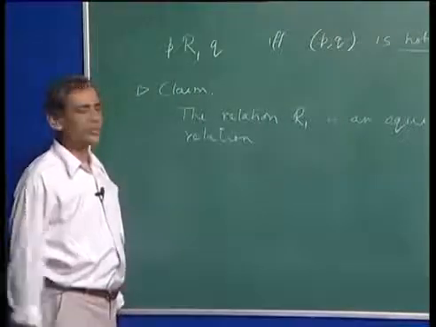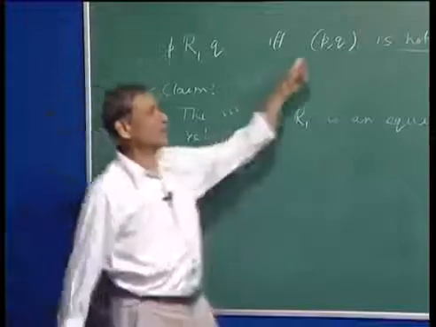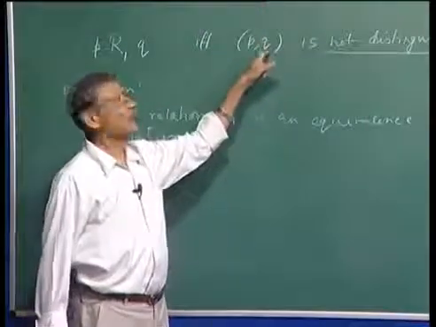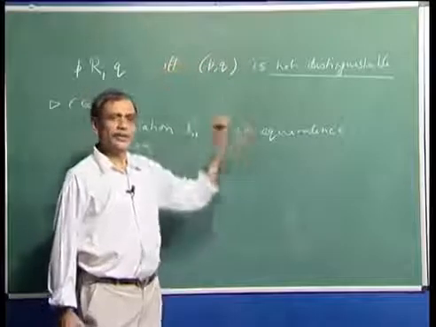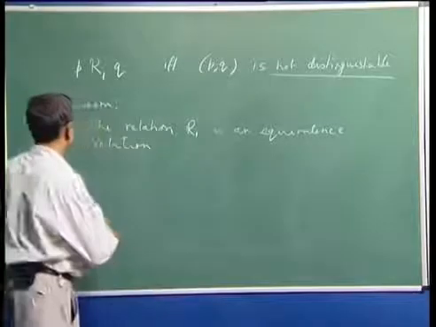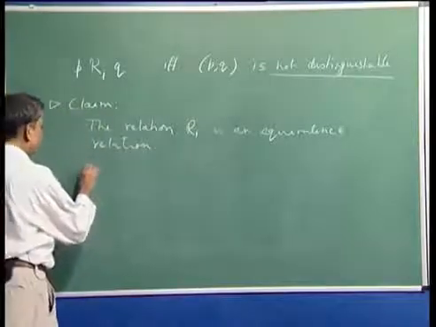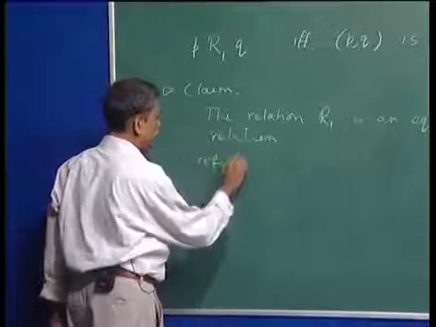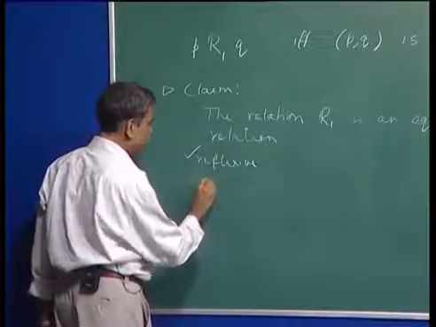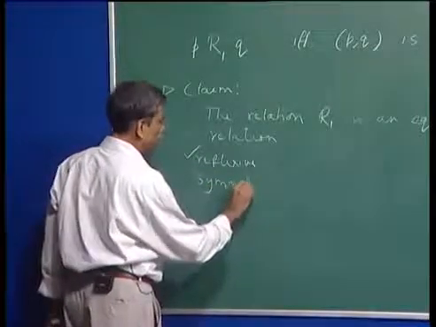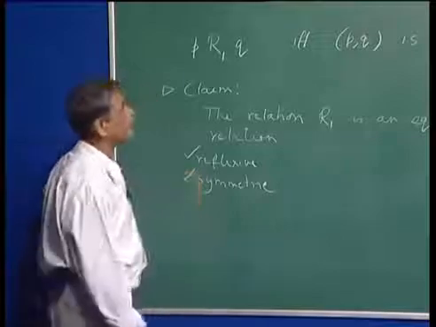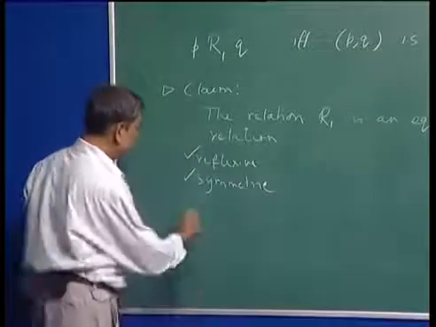There cannot be any string which takes the first P to a final state and the next P to a non-final state. It is after all the same state. So, clearly it is reflexive. And symmetry is also easy to see, right? What about transitivity?